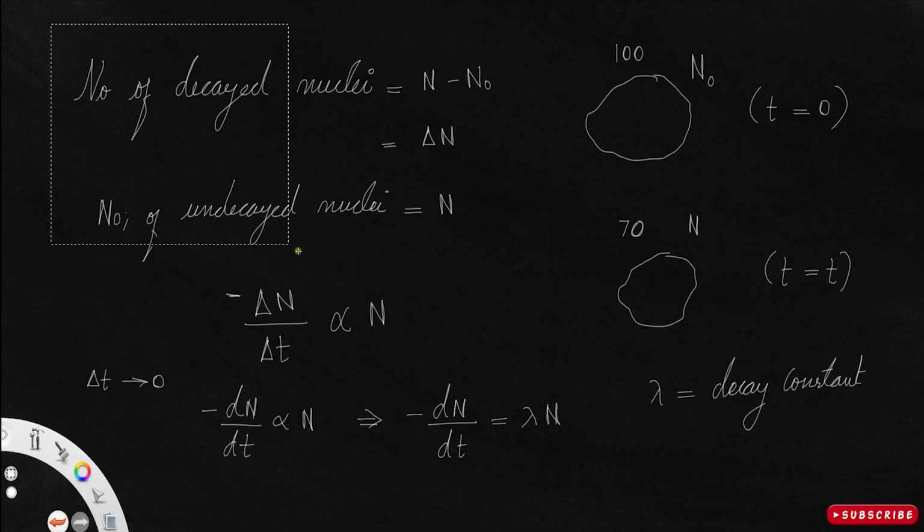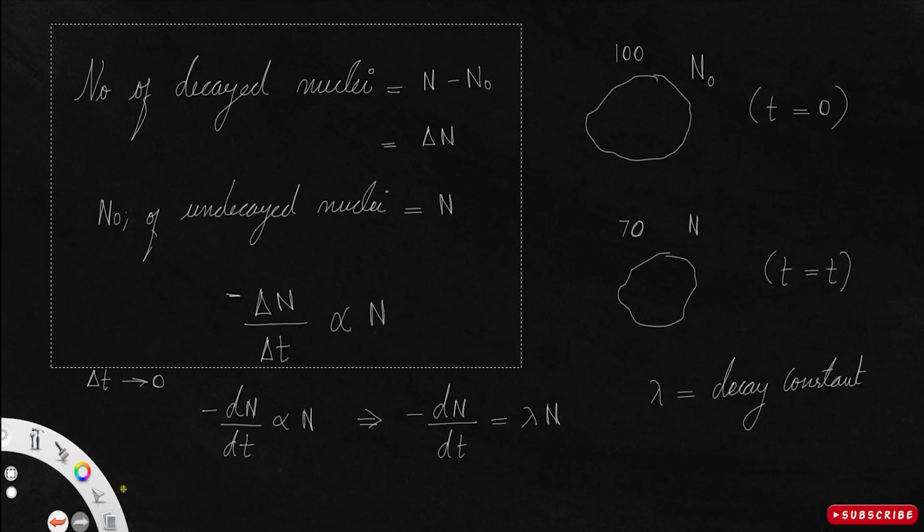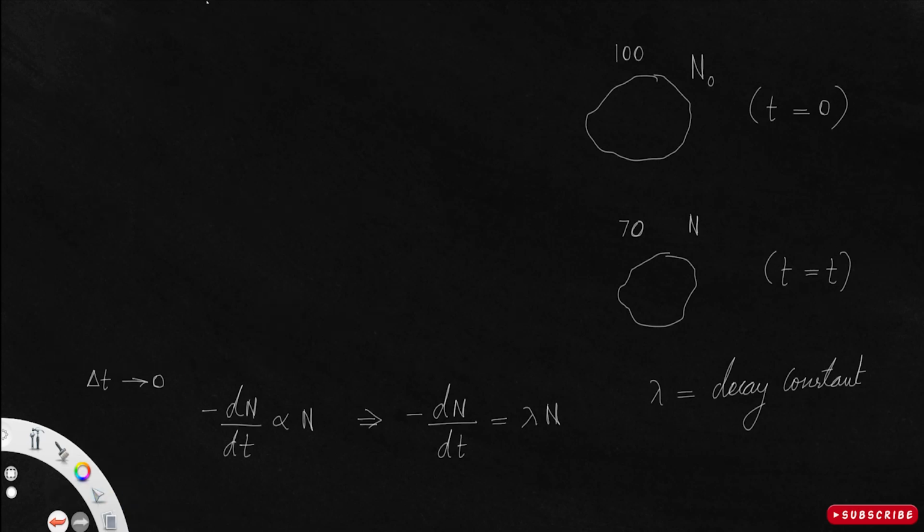Now we have minus dn by dt equals lambda n. I can take this n to the left and this dt to the right, so it equals minus lambda dt. It's better you write this negative here. So dn by n is equal to minus lambda dt.